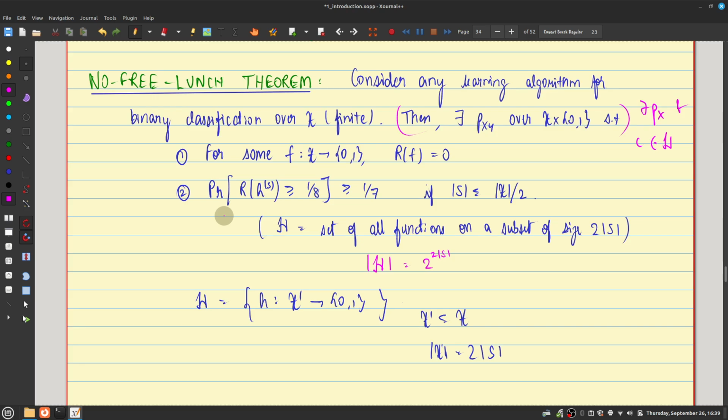X is the domain set. It can be infinite, but then you only restrict yourself to an H which is some set of functions over a smaller subset. Then what about this cardinality?